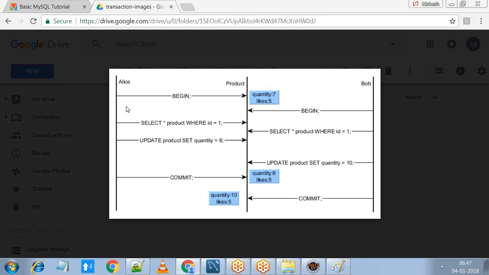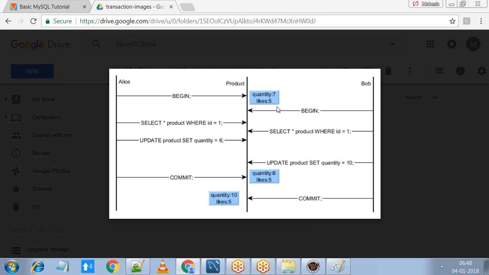What is the initial quantity? Have you noticed it? That is important. The initial quantity is 7. So what Alice's transaction did was update that quantity to 6.